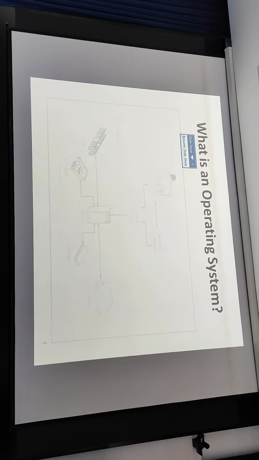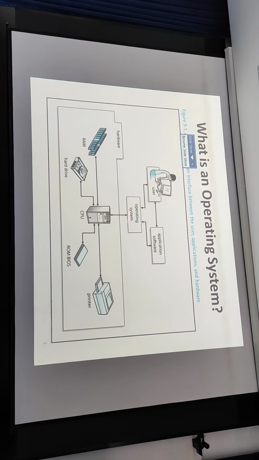Okay, that's okay. And without the operating system, we the users could not use the hardware. Even if you have a strong CPU, a lot of RAM, and SSD storage devices, without the operating system, of course, we could not use it.